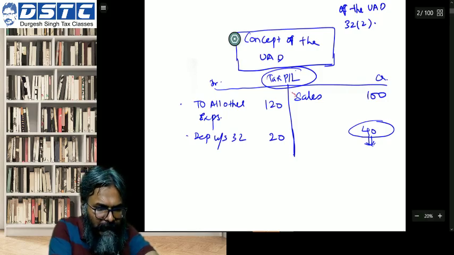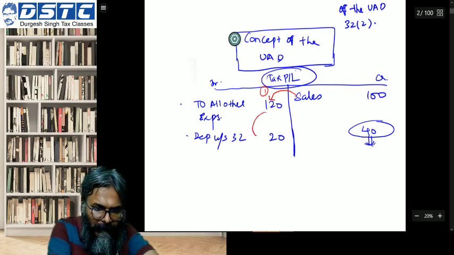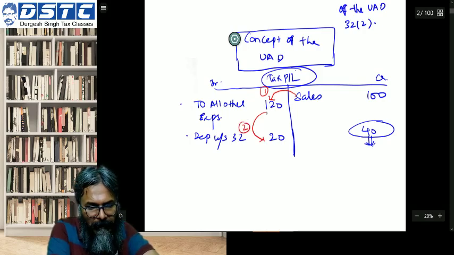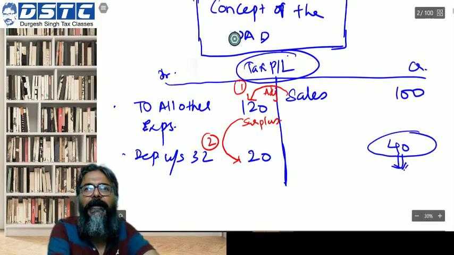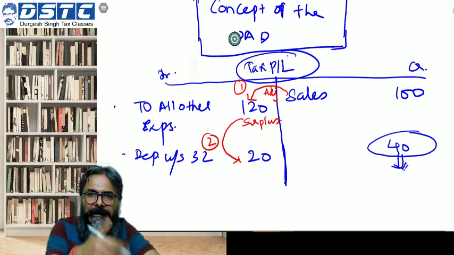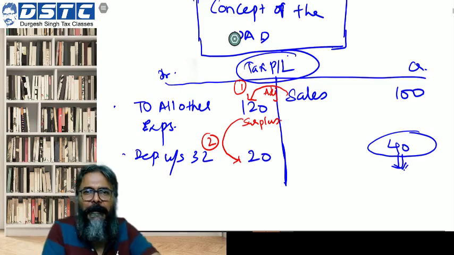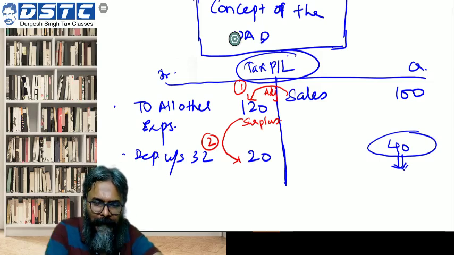The sales would first be adjusted against the other expenditure, and if there is still a surplus, then that surplus would go to the depreciation. That is the method in which you do the set off.